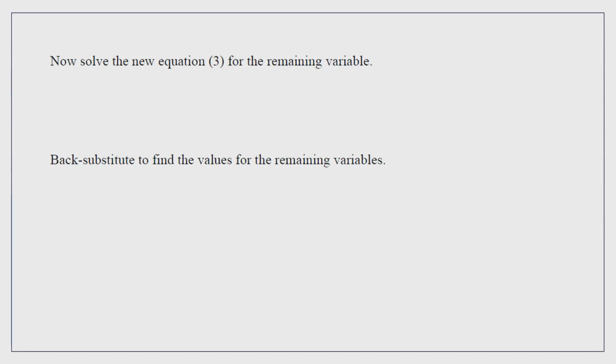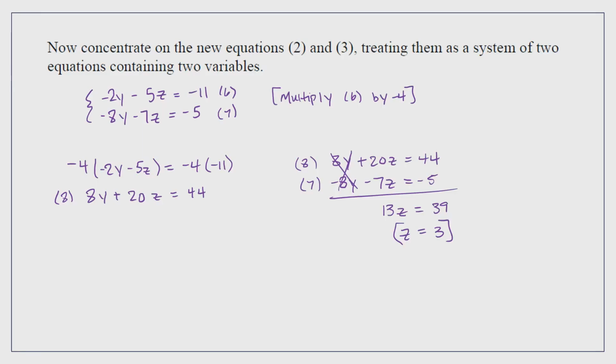So now we can solve the new equation for the remaining variable, which we did. We got z equals 3. We can now back substitute to find the values for the remaining variables. We got that from adding equations 8 and 7 together.